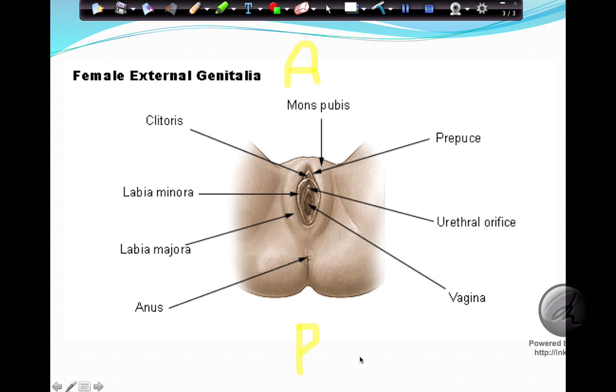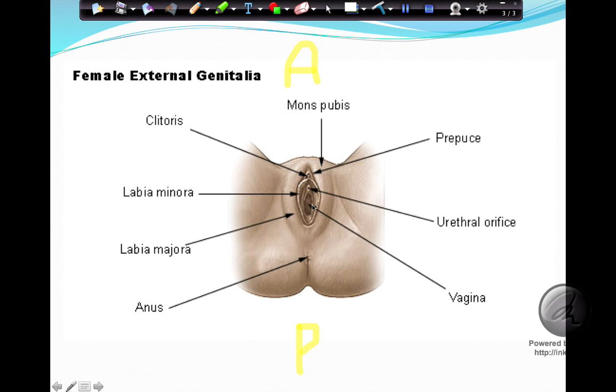So we're going to go through these structures. The one structure that's not present on here that I want to note, it's on your matching sheet and also on the Word document, is the hymen. The hymen is where we're going to start.